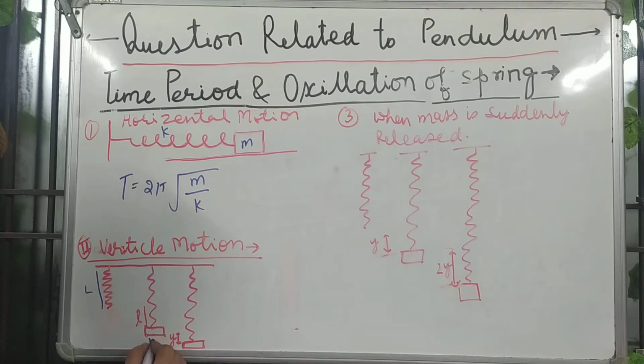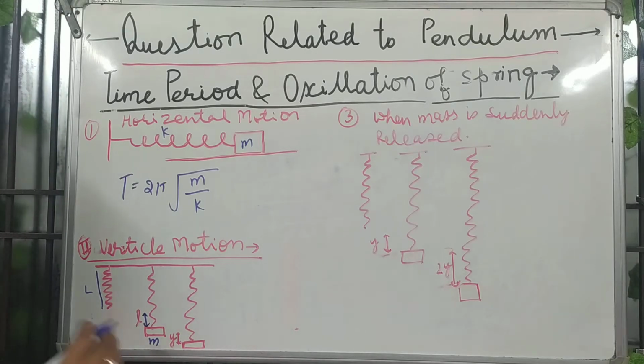So gently the mass is in equilibrium state, it's not oscillating. In this equilibrium state, downward force equals upward force. So this is the extension in the spring, this L length. This L length is the extension in the spring due to the weight of the mass.